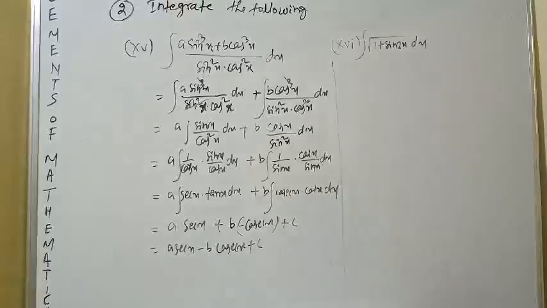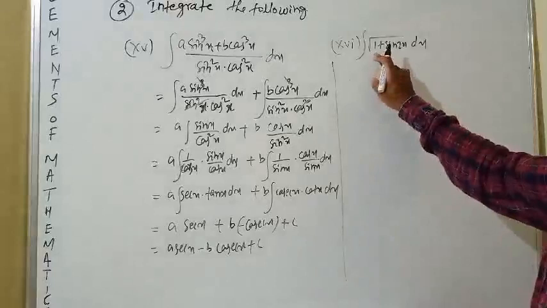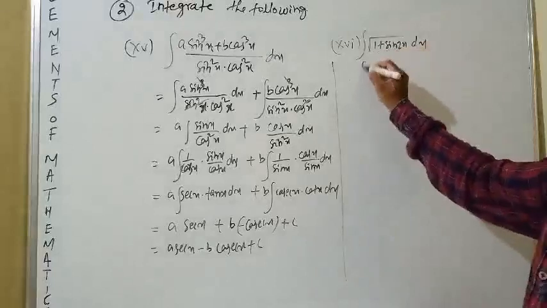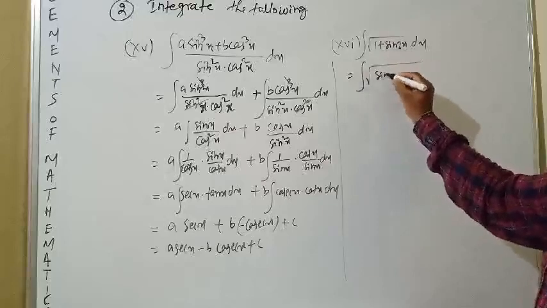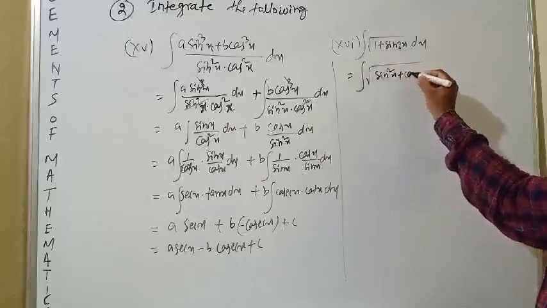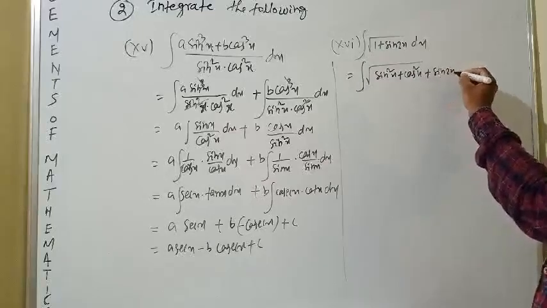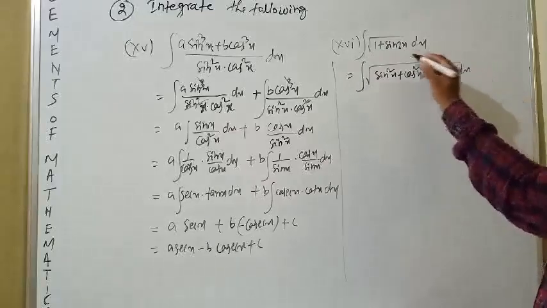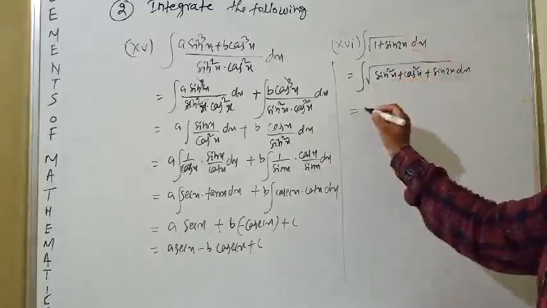You see the next problem, integration of root over 1 plus sin 2x dx. Integration of root over, you see one is given, that is sin square x plus cos square x plus sin 2x dx. 1 is equal to sin square x plus cos square x, you know it earlier.